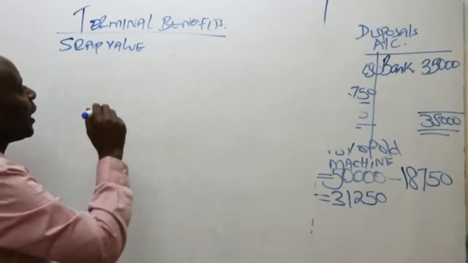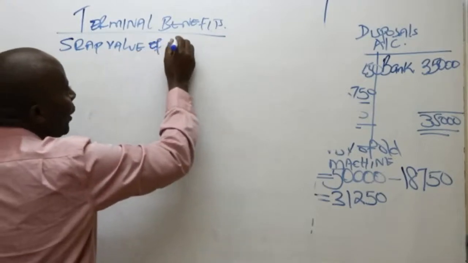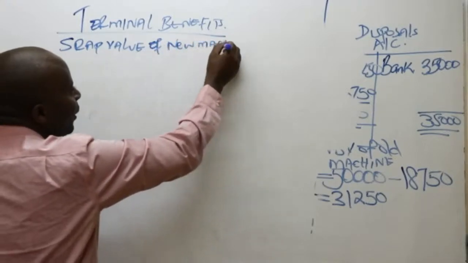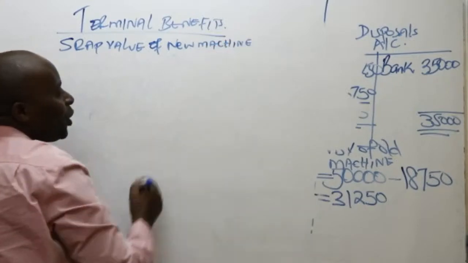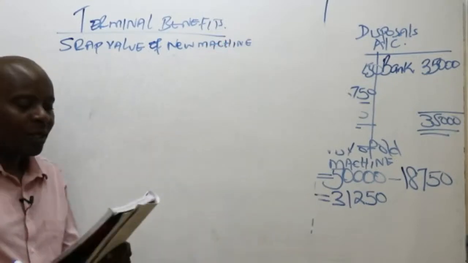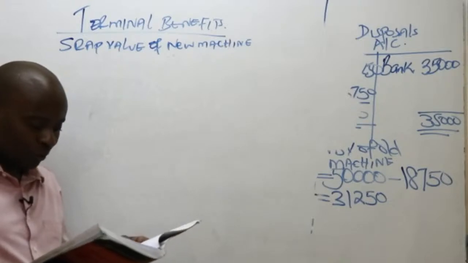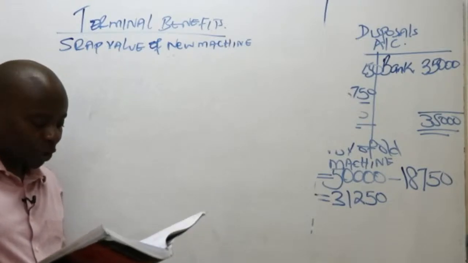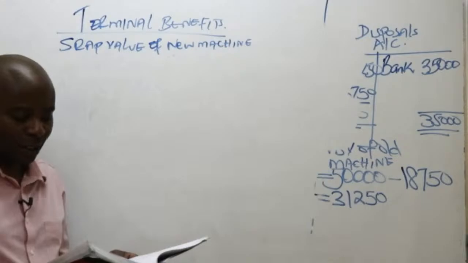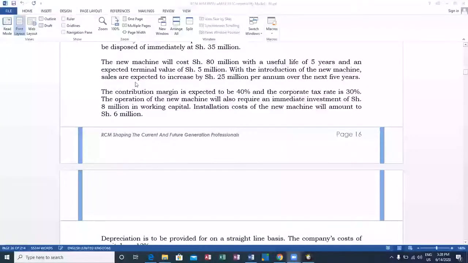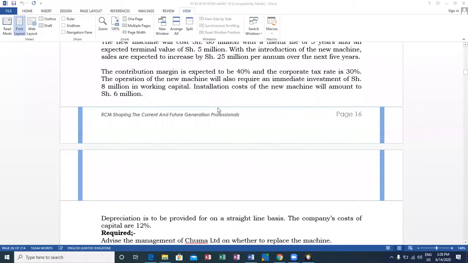So we talk of the scrap value of the new machine. It has been provided for in paragraph number 2. They have told us that the new machine will cost shillings 80 million with a useful life of 5 years, and an expected terminal value of 5 million.